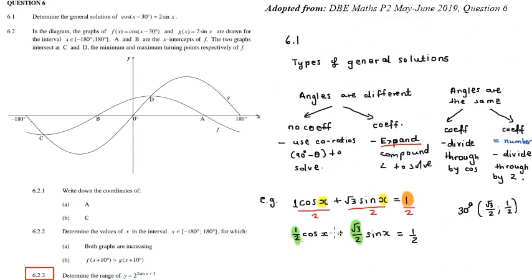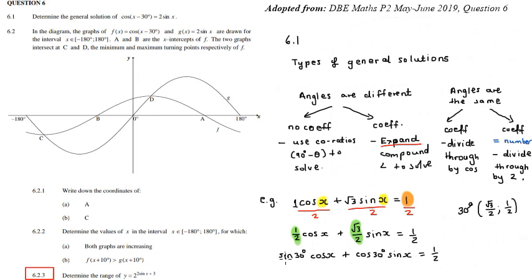So the 1/2 is basically the sine of 30 degrees. Then you still have the cosine of x plus root 3 over 2, which is basically the cosine of 30 degrees, and then you still have the sine of x. This is all equal to 1/2.